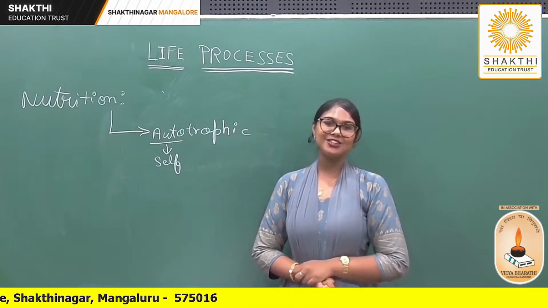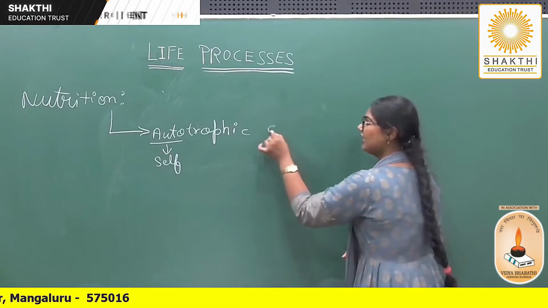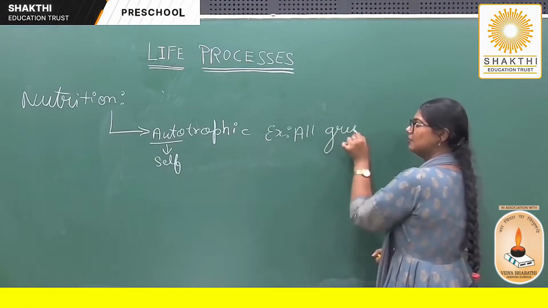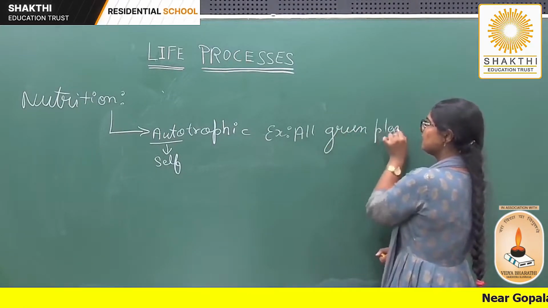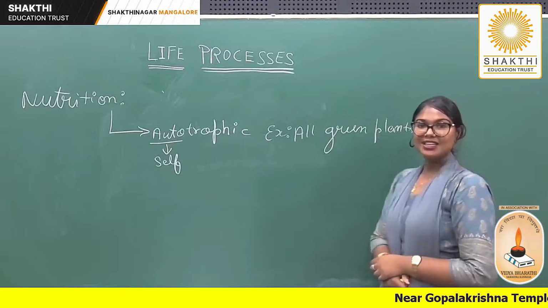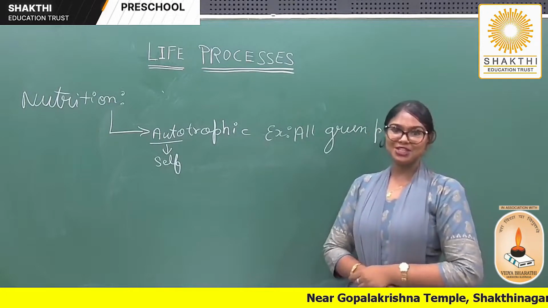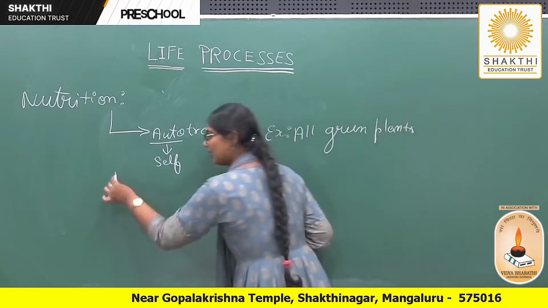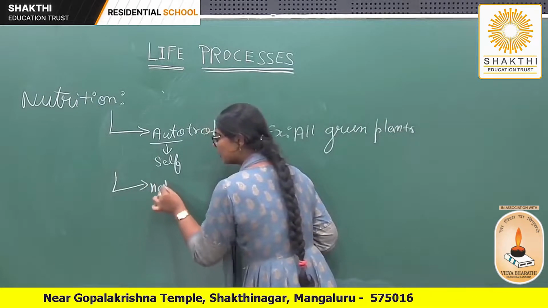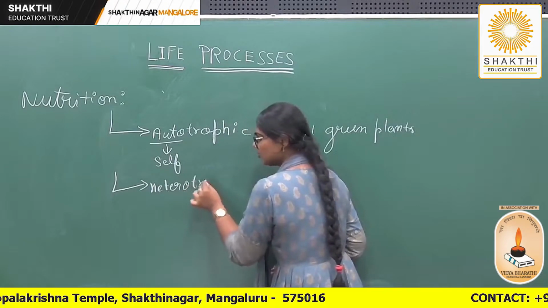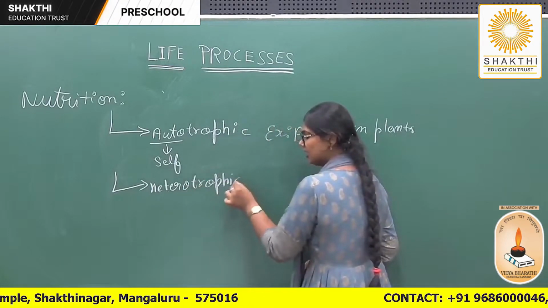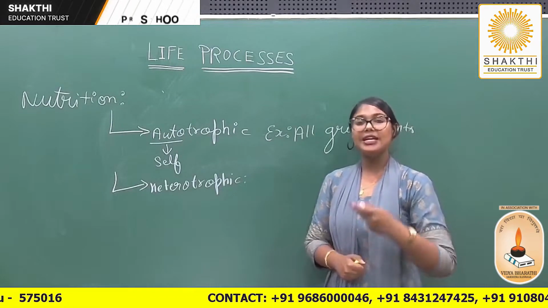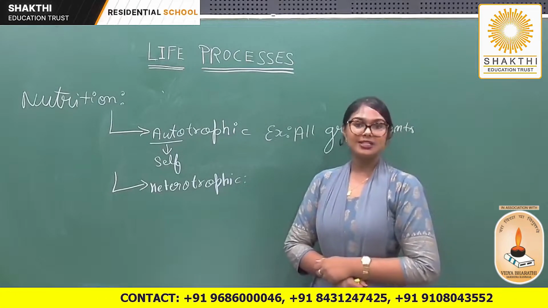Where do we find this nutrition? It is seen in all green plants. So, all green plants come under this type of nutrition, students. Coming to the second type of nutrition, that is heterotrophic nutrition. What is hetero? Hetero means other or different. So, heterotrophic nutrition is a mode of nutrition in which an organism depends on other organisms for food.